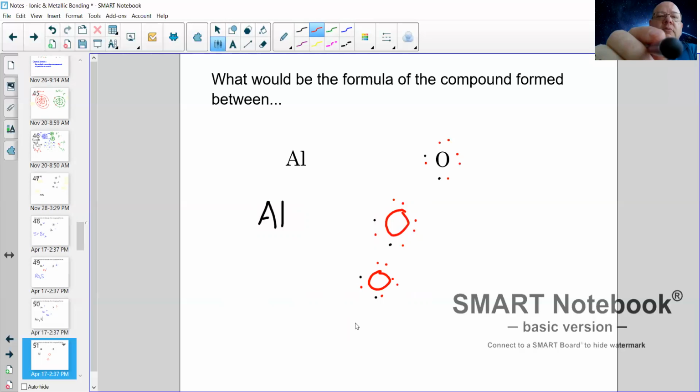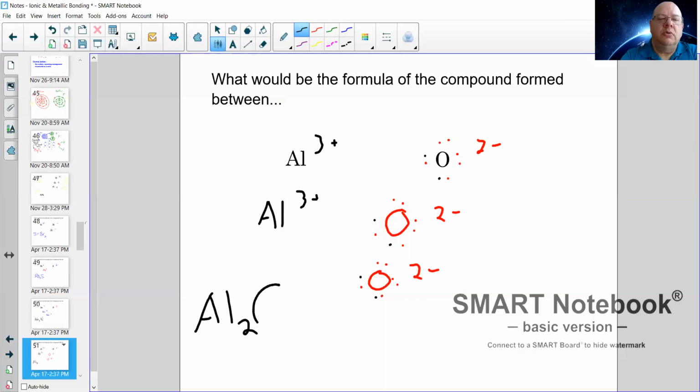We have aluminum, that's a 3 plus, and another 3 plus. And then we've got oxides, which are 2 minus, 2 minus, 2 minus. And our overall formula represents the lowest ratio, Al2O3.